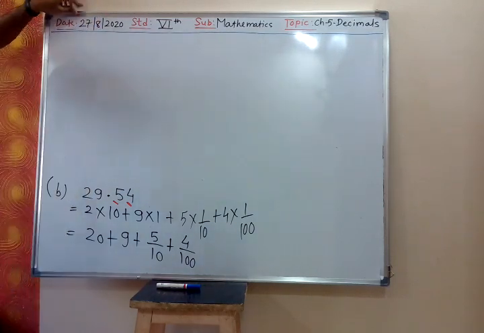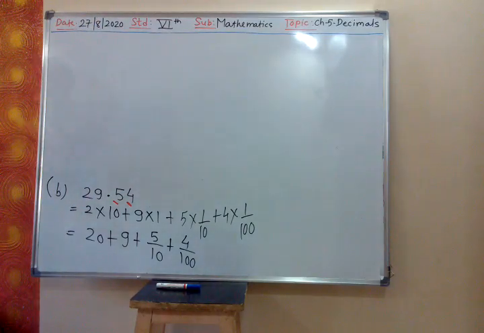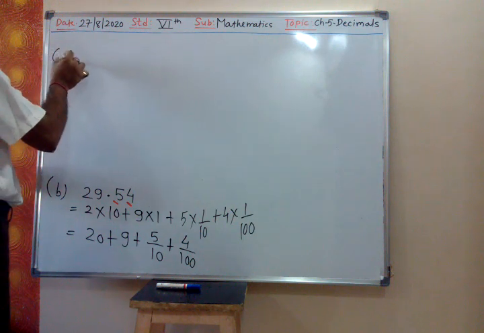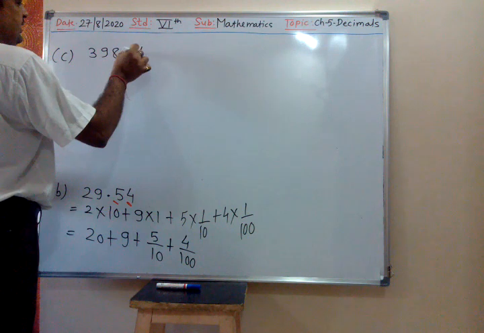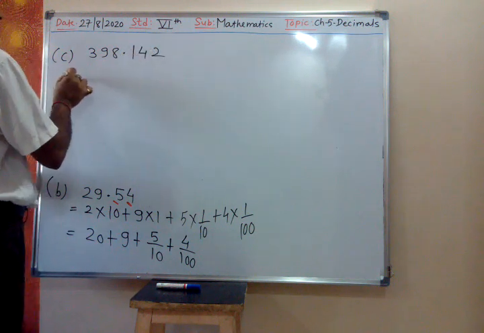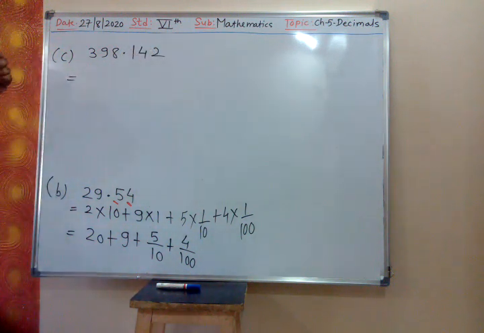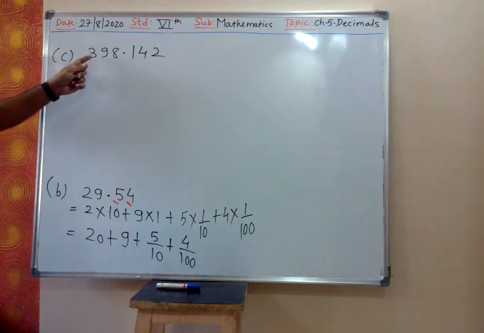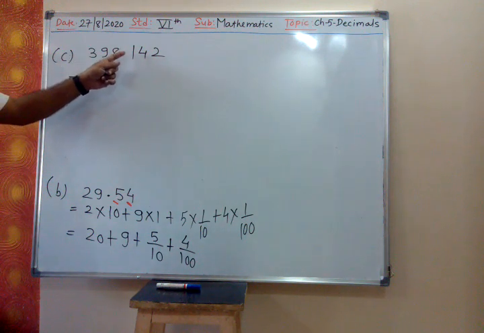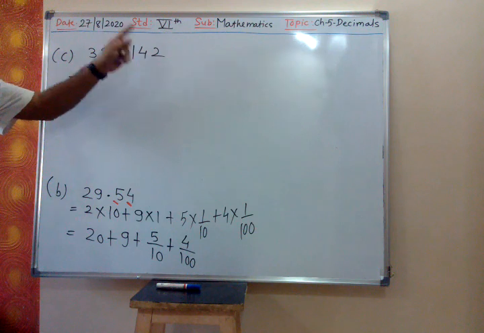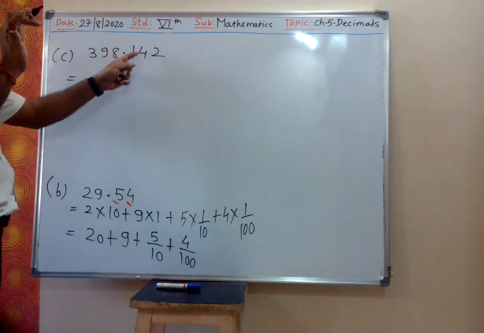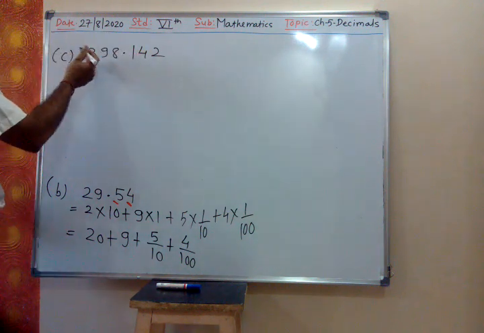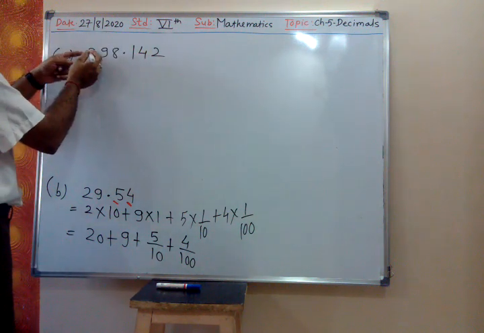Before decimal, how do we read this? We read this as 398.142. So before decimal, the position of 3 is 100.